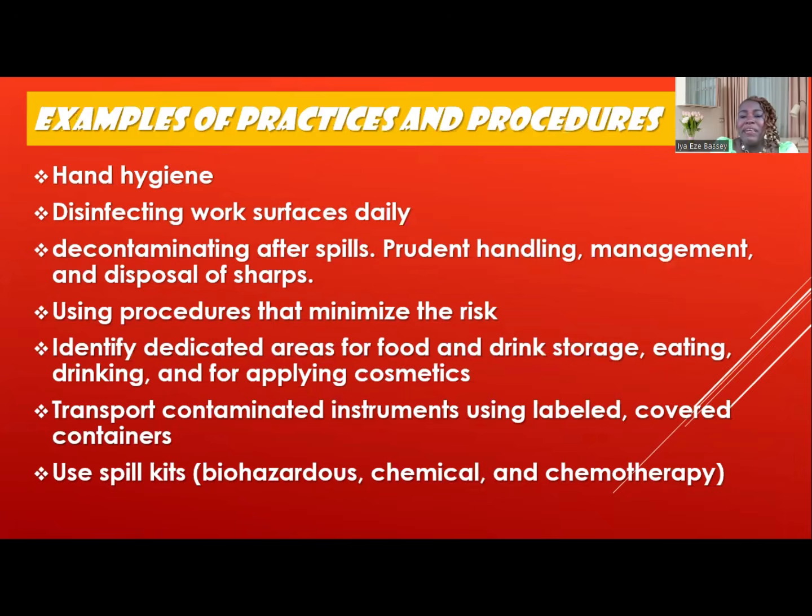You use procedures that minimize risk. You identify dedicated areas for food and drink storage. You don't store food and drinks with such contaminated material. You also cover how to transport those materials so that you avoid spills, and then if there are spills, how to use spill kits.